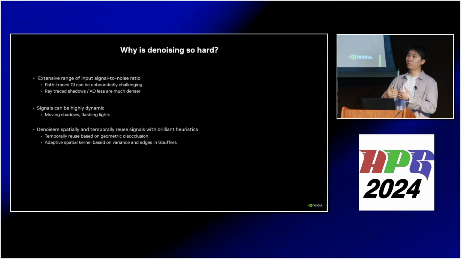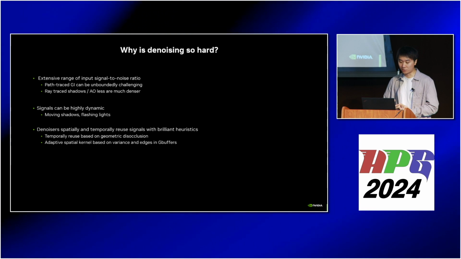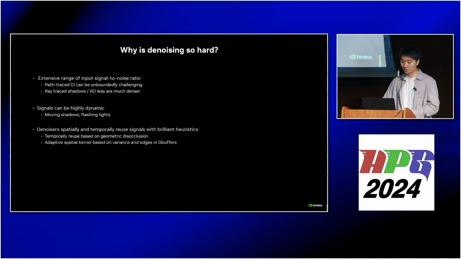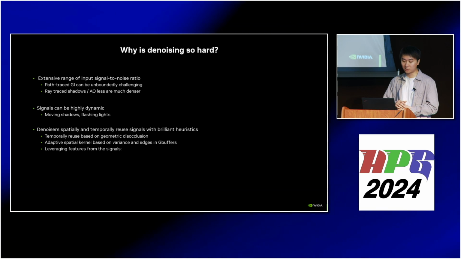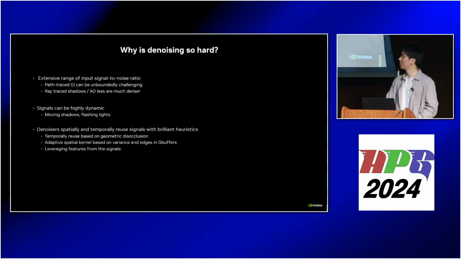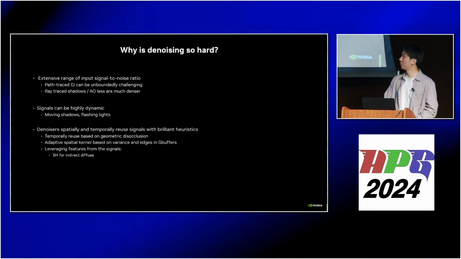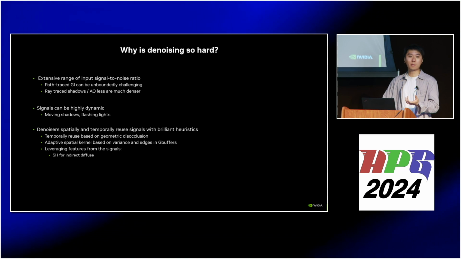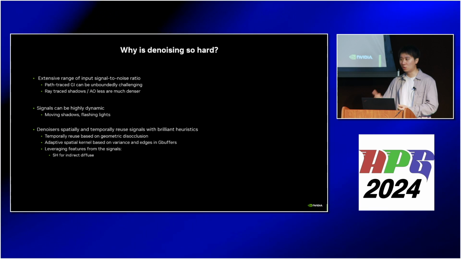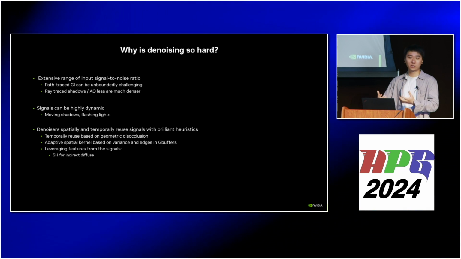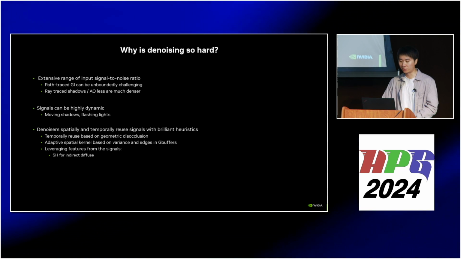We also generally try to adapt our spatial filter kernels based on the type of signals that we're denoising. Some algorithms use variance, others leverage specific information from the signals. For example, spherical harmonic space denoising has been quite commonly used in both NRD and Lumen, just because it's a better way to preserve normal detail for denoising your global illumination.